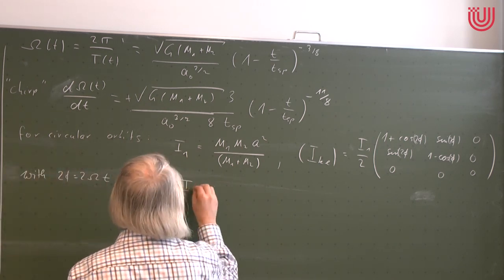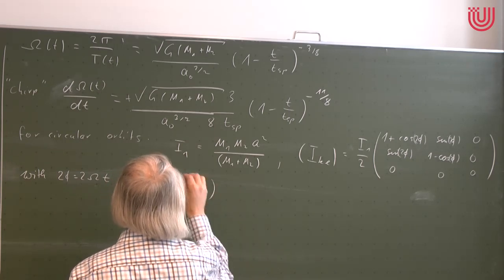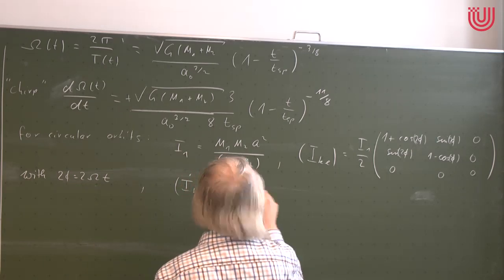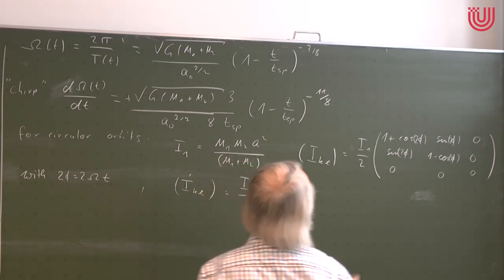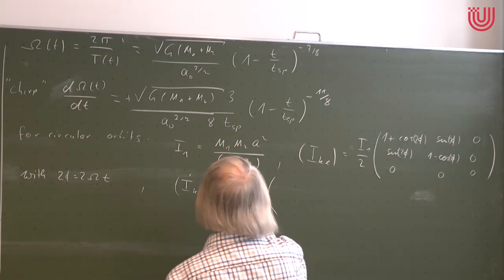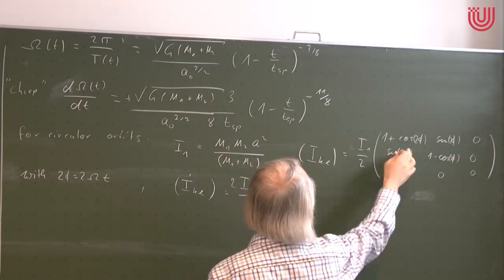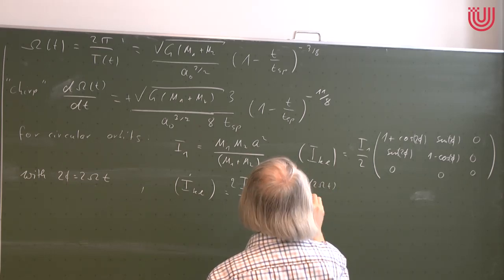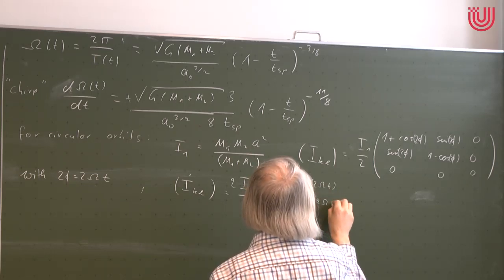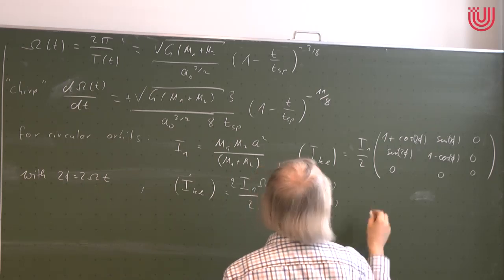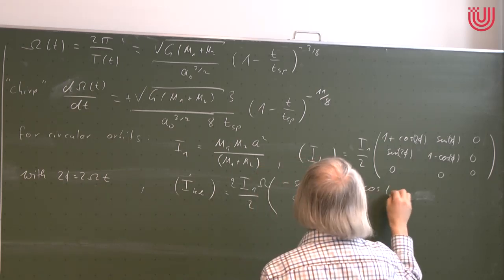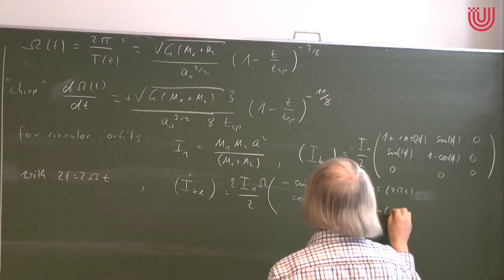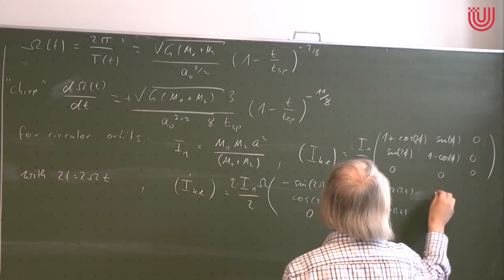So we can immediately write down the first derivative and then the second derivative, which we need for the far field. If I differentiate this, I get a factor 2 omega. And then cosine gives minus sine 2 omega t, sine gives plus cosine 2 omega t, and this gives a plus sine 2 omega t.